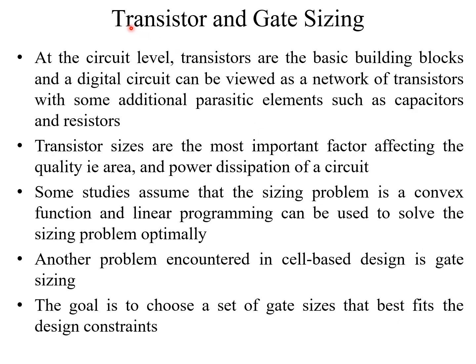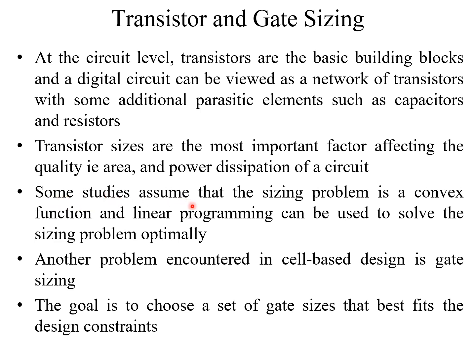The main thing for power reduction at the circuit level is transistor sizing and gate sizing. At the circuit level, transistors are the basic building blocks, and a digital circuit can be viewed as a network of transistors with some additional parasitic elements such as capacitors and resistors. Transistor sizes are the most important factor affecting the quality, that is area, and power dissipation of a circuit.